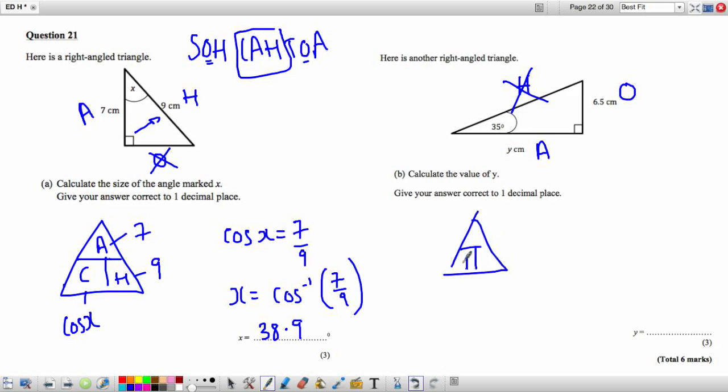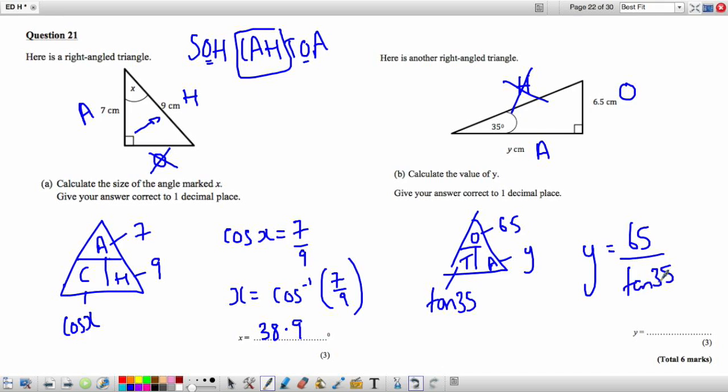Using our triangle again, TOA. O we have as 6.5. A is what we are finding. Theta is the angle, in this case 35. So y is equal to 6.5 divided by tan 35. Putting that into your calculator, correct to one decimal place, is 9.3.